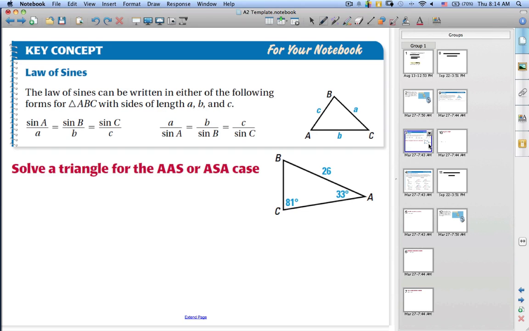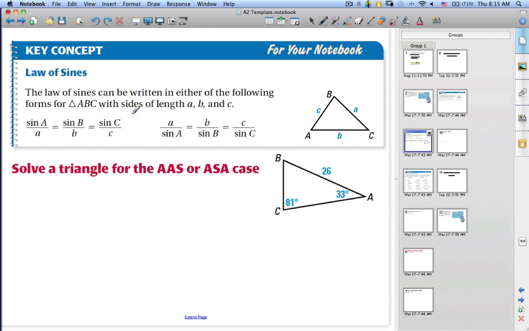of sines. What the law of sines says essentially is that if you make a ratio between the sine of an angle and the length of the side opposite it, they will always be equal. So in a given triangle, I can use the sine of an angle divided by the length of the side opposite it, or I can flip these ratios over, the length of the side divided by the sine of the angle.